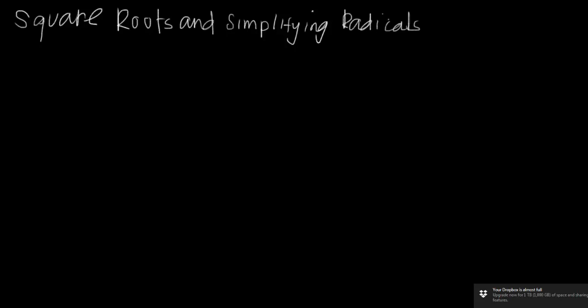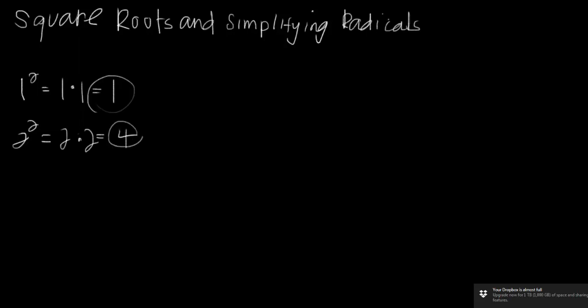If I say 1 squared, that's the same thing as saying 1 times 1, and it's 1. 1 is a perfect square, okay? 2 squared is the same thing as saying 2 times 2, and 2 times 2 is 4, which makes 4 a perfect square. 3 squared is 3 times 3, and 3 times 3 is 9, so therefore 9 is a perfect square.